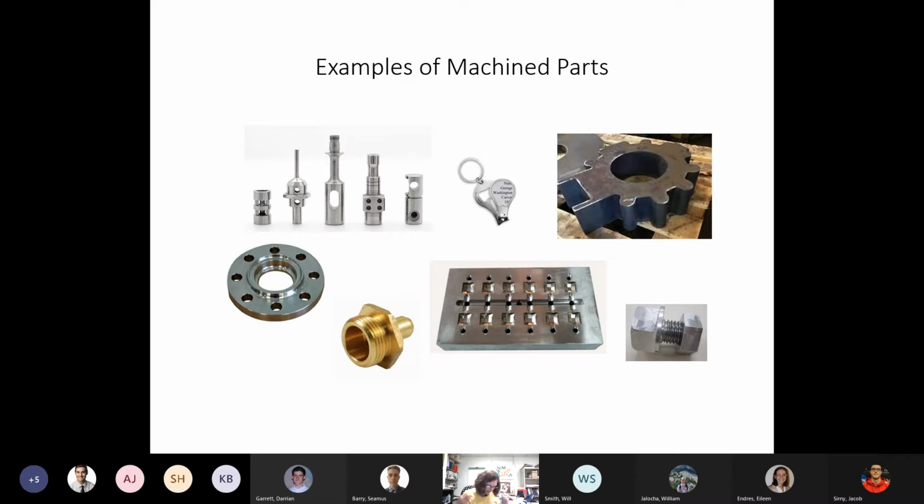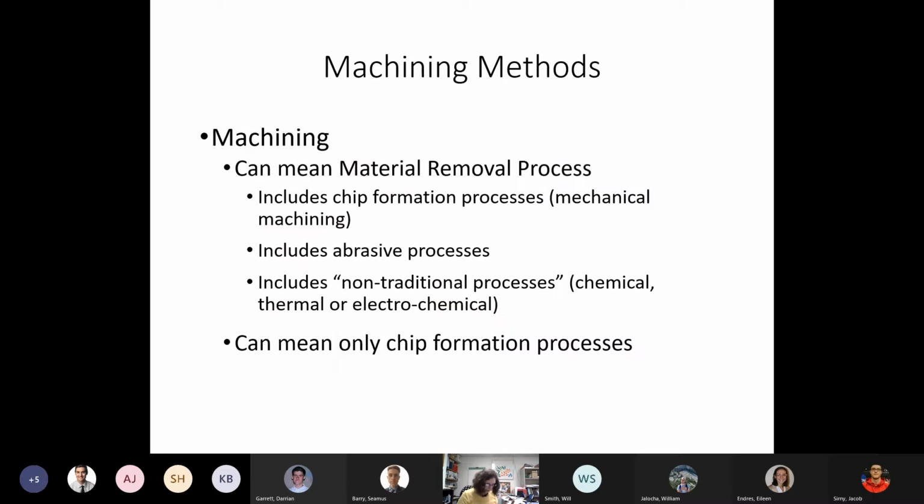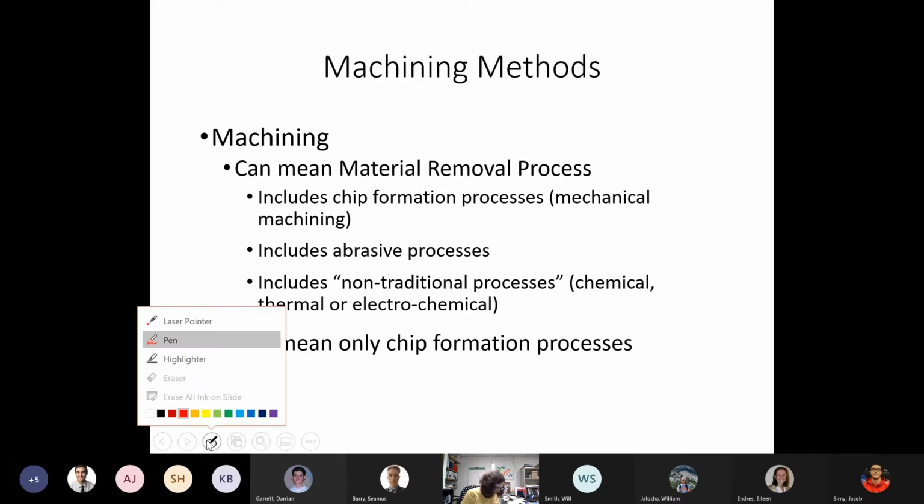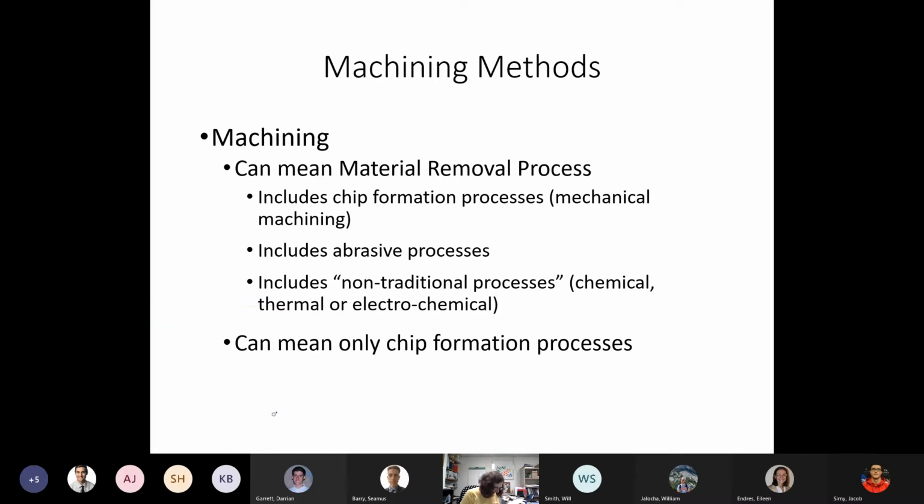Okay, so let's go into machining and some examples. But before we talk about examples, I think we need to define some words. One of the things that can be rather interesting with machining as a topic is that depending on the audience, it can mean two different things.